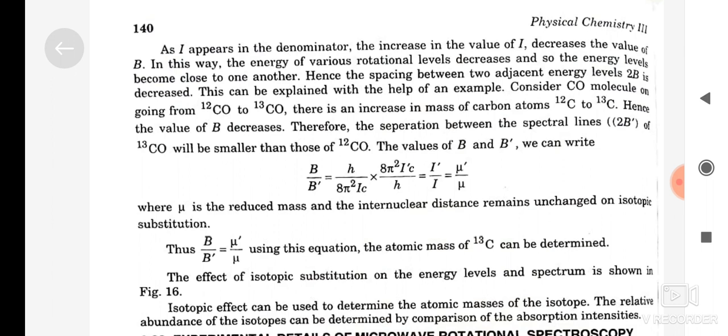The values of B and B′ can be written as B/B′ = I′/I = μ′/μ, where μ is the reduced mass and the internuclear distance remains unchanged on isotopic substitution. Thus B/B′ = μ′/μ. Using this equation, the atomic mass of 13C can be determined.